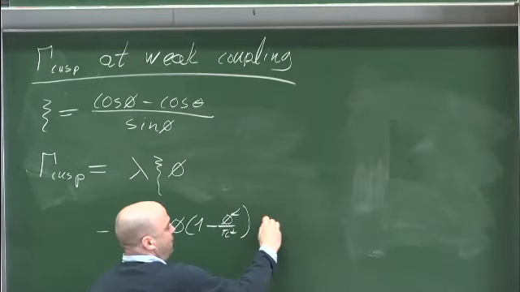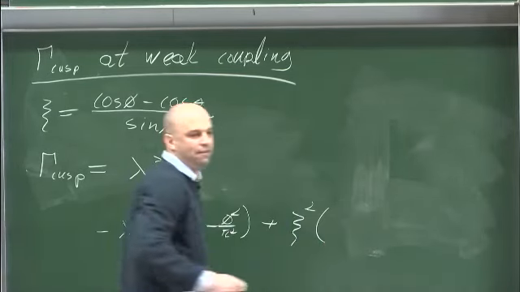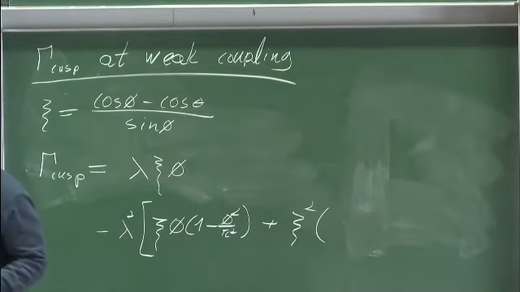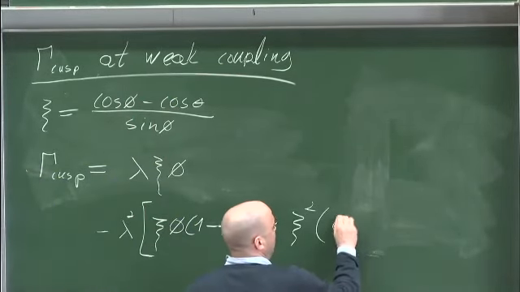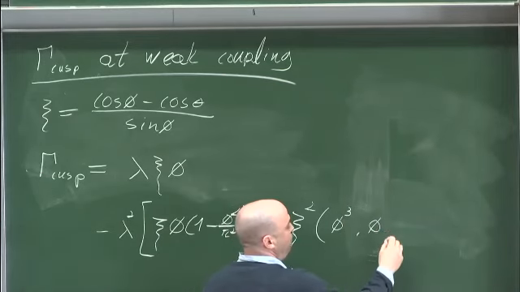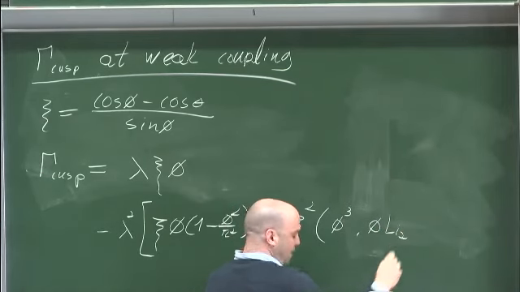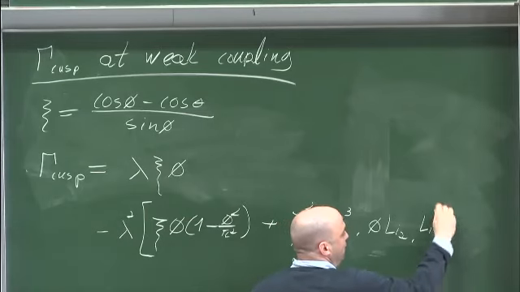In addition, there is a term that goes like psi squared, and it multiplies some transcendental functions. For example, there are terms here that go like phi cubed, terms that go like phi times Li2, and you can have a term that goes like some Li3.